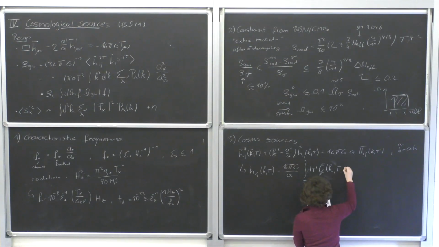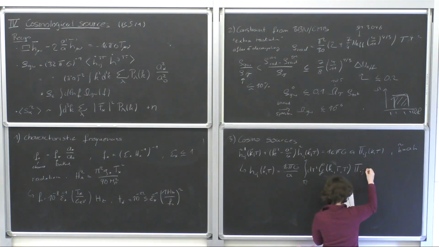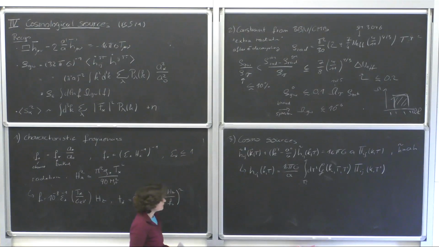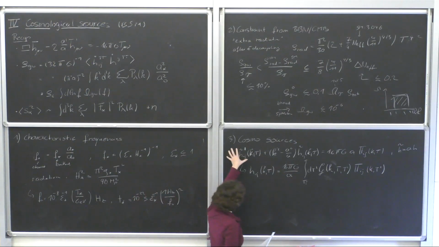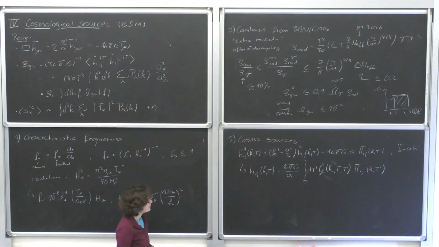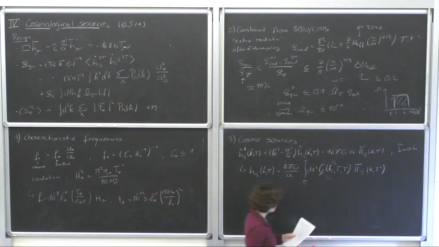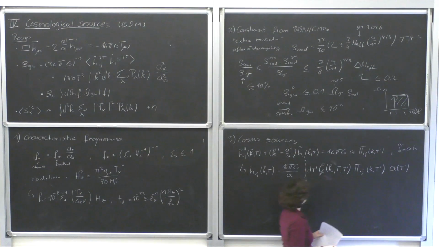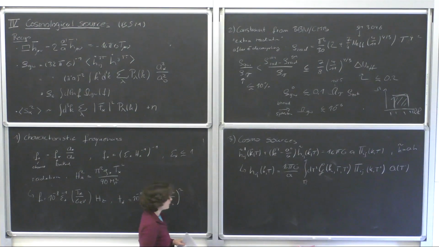It depends on k, tau, and tau prime. And then the source term, pi_ij of k and tau prime. So this is the formal solution. The Green's function has the property that this differential operator acting on the Green's function gives a delta function. So if I put correctly the factors of a, you see that this will match the equation.